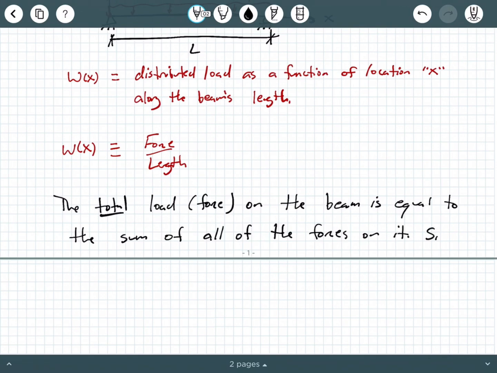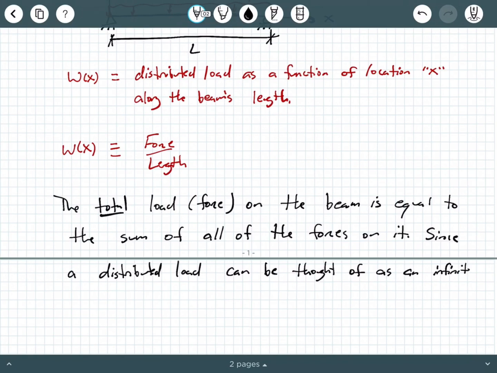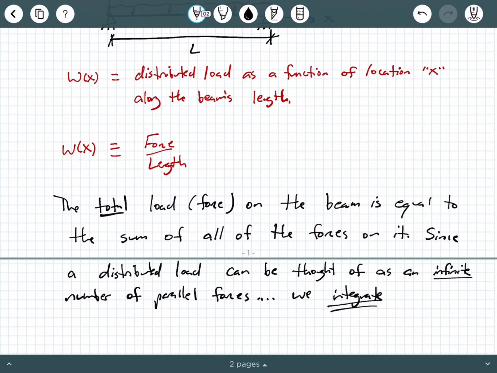Okay, so since a distributed load can be thought of as an infinite number of parallel forces, what do you think we do? We integrate W as a function of X.